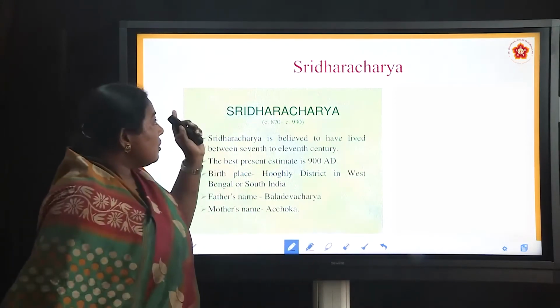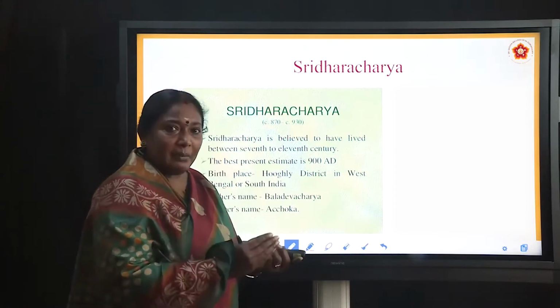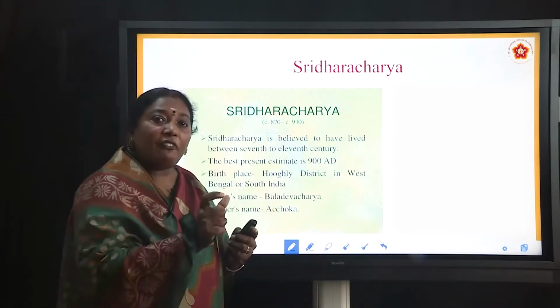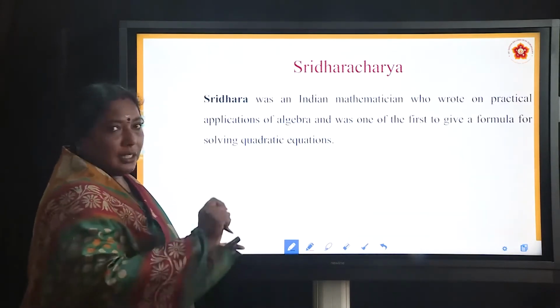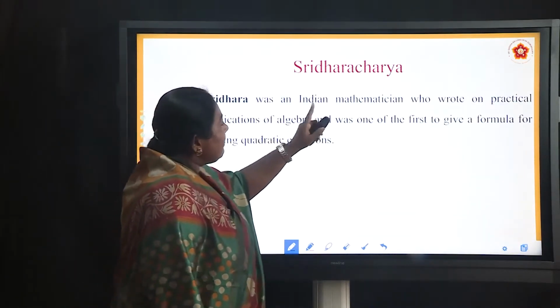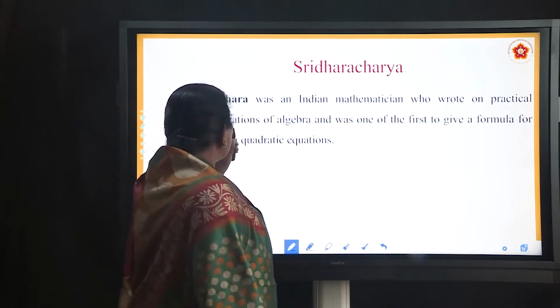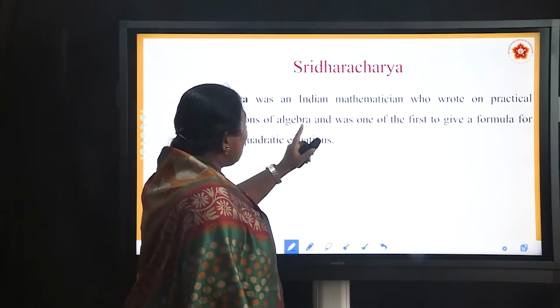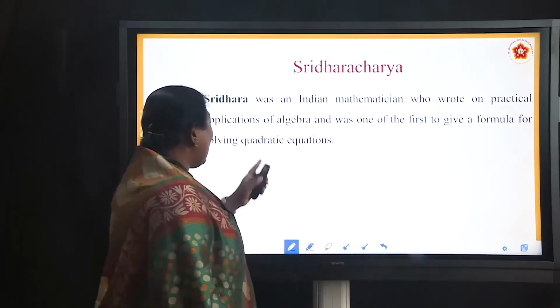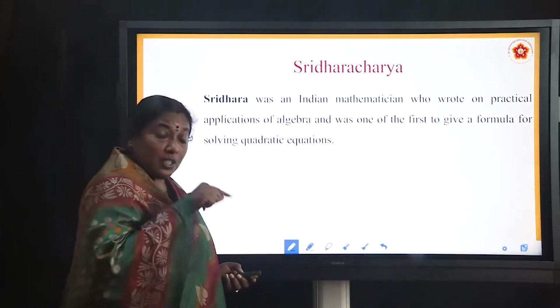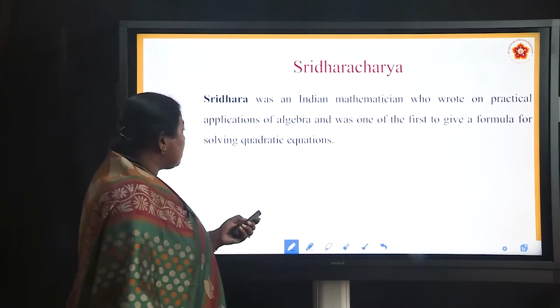Okay, so Sridharacharya is the mathematician who gave a perfect formula for quadratic equation. So let us see something about him. Sridhara was an Indian mathematician who wrote on practical applications of algebra and was one of the first to give a formula for quadratic equations, which we are using in the present day also.